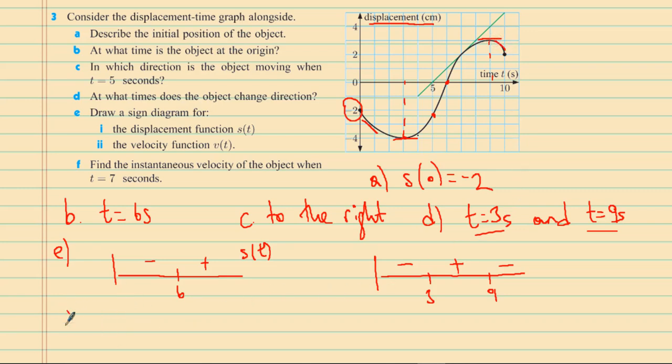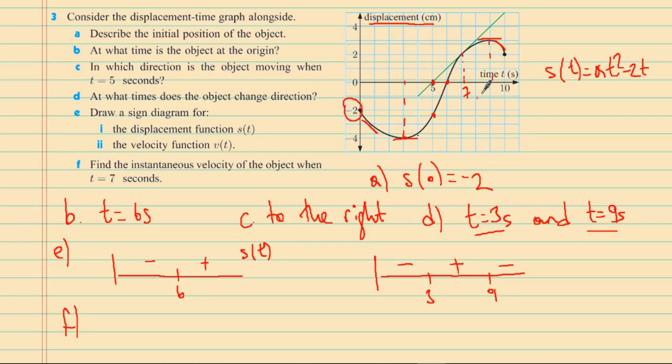And the last part: find the instantaneous velocity of the object at time 7. If you were given the function, you would take the derivative and find the instantaneous velocity. But here we have the graph, and already in the picture they give you the line at 7. So you just calculate the gradient of this line, which gives you the instantaneous velocity. To find the gradient we need 2 points.